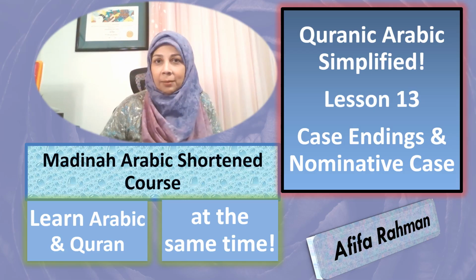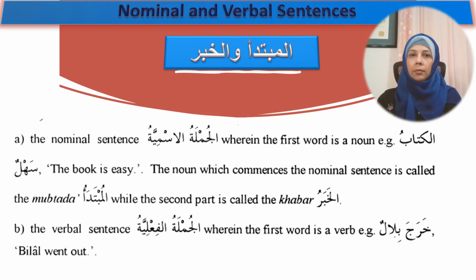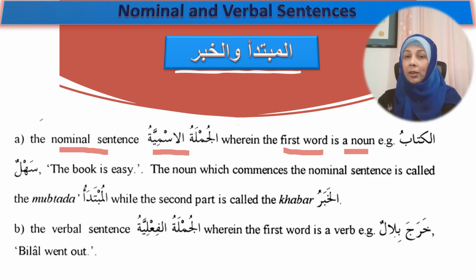Let us begin. Bismillahirrahmanirrahim. A quick 1-minute summary before we move on to today's lesson. In the last lessons, we talked about the nominal sentence, called al-jumlatul ismiyatu in Arabic, where the first word is a noun. For example, al-kitabu sahlun, where al-kitabu is the subject called the mubtada and sahlun is the khabar or the predicate of the sentence.